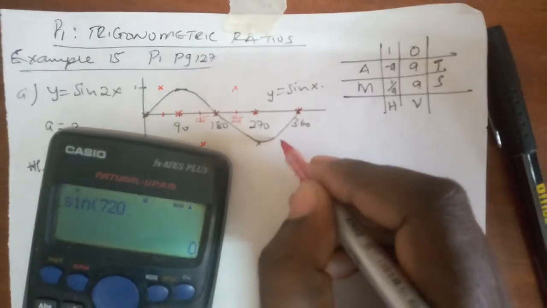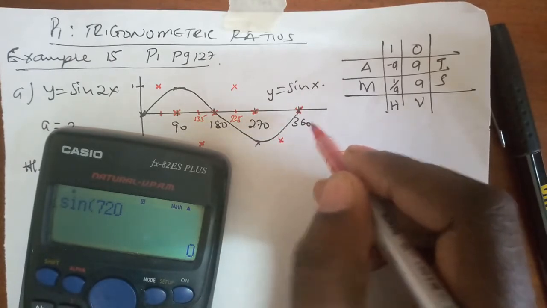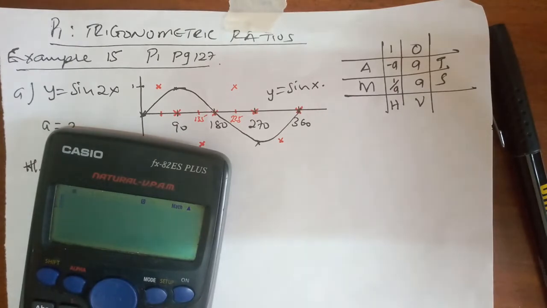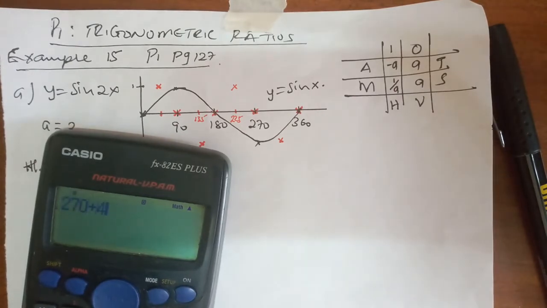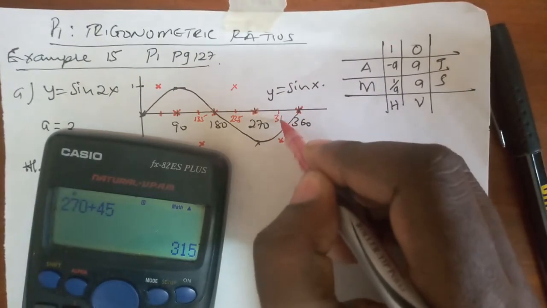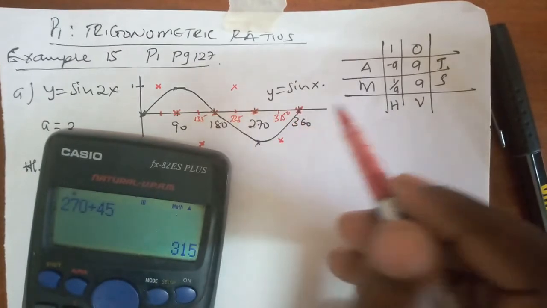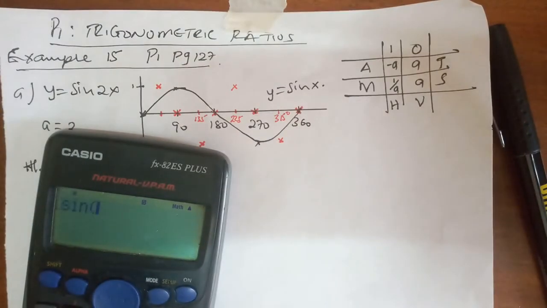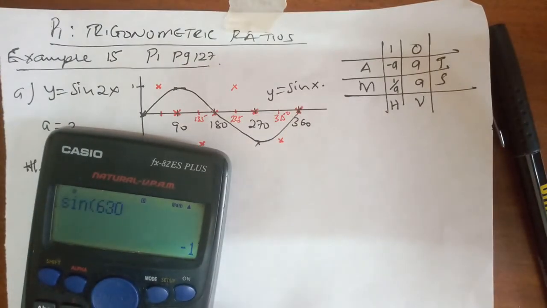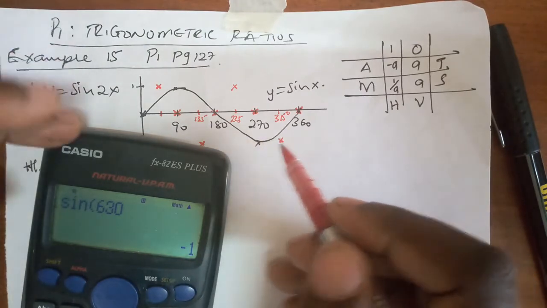Between 270 and 360, we have 270 plus 45 degrees, which is 315 degrees. If you multiply this by 2, you get 630, and the sine of 630 is -1. So 630 divided by 2 gives 315, but the value of y does not change.